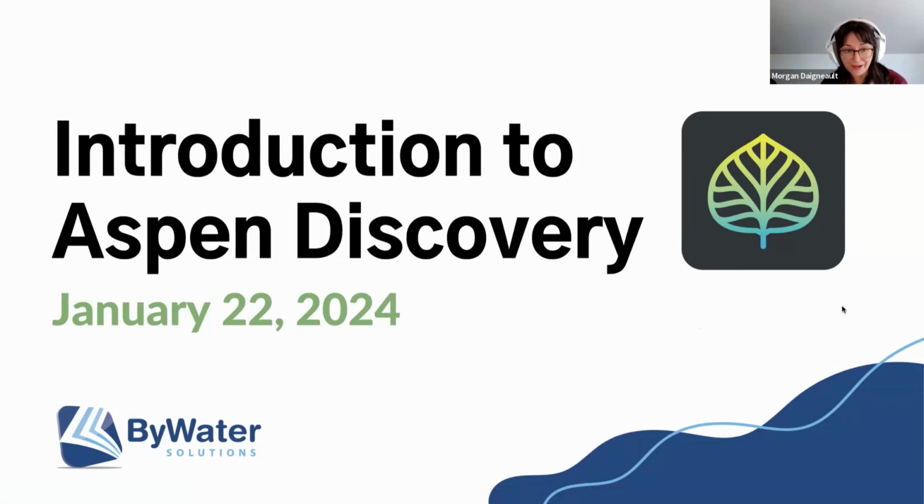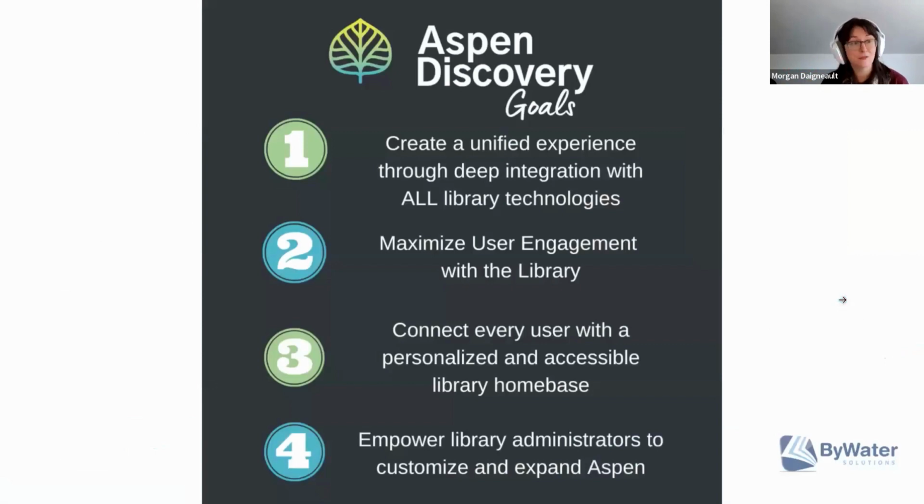But before we dive into the specific examples I'm going to show you today, I just want to quickly go over some of the high-level goals of Aspen. These are what drive our team. They're like our North Star when we're working with libraries, helping us make decisions, and it's the why for everything that we do. So the first goal here is to create a unified experience through deep integration with all library technologies.